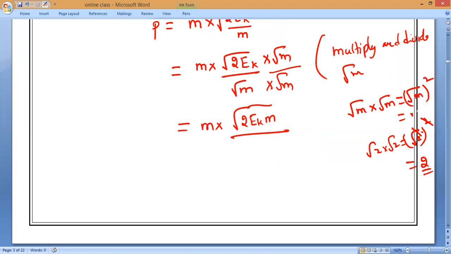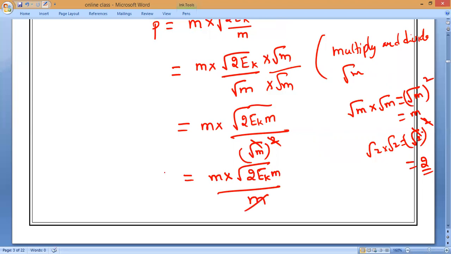What will the answer be? Root m whole square, so square and root will get cancelled. So we get m into root of 2 Ek m divided by m, so the m's will get cancelled. Now, what is the momentum formula?